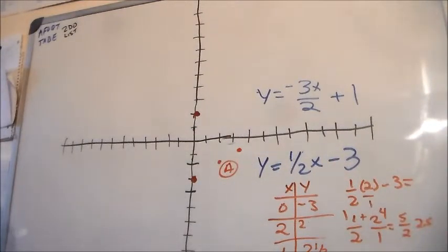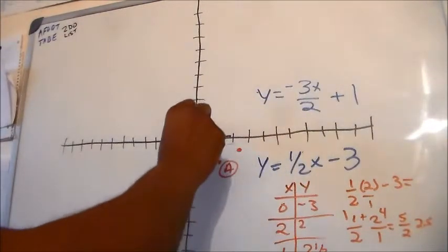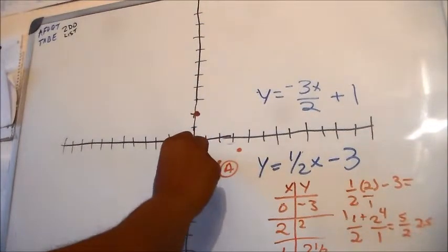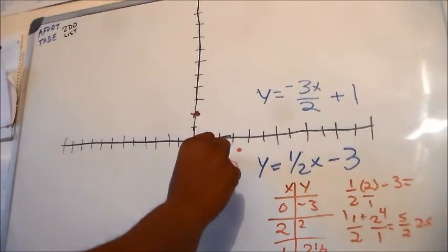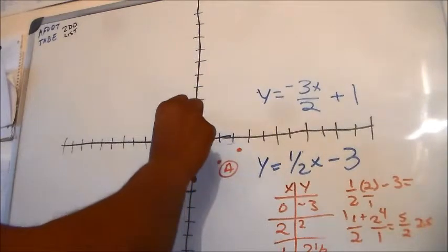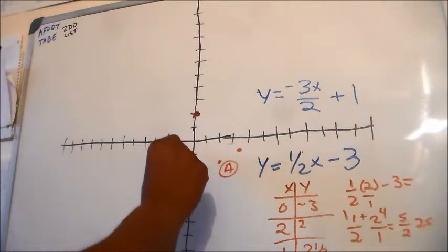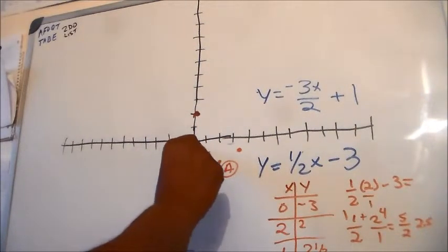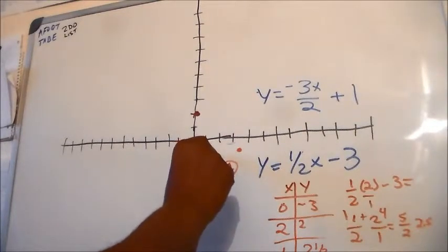Alright. And for the other one, we said it's negative, so it's going to fall 3, run 2. So you get 1, 2, 3, 1, 2.